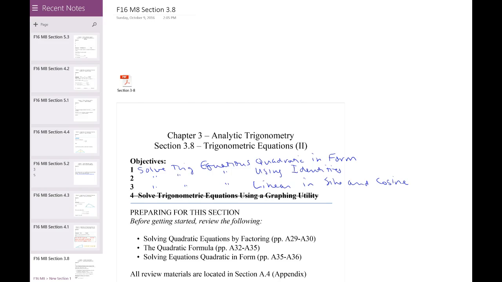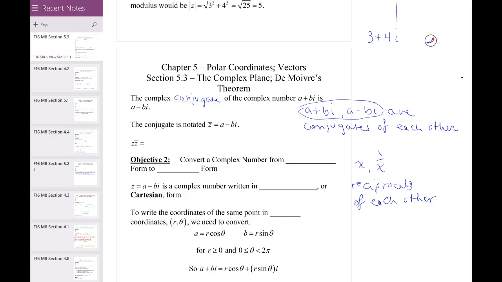So if we have the complex number z that's a plus bi, then we put a bar over the top, that's the symbolic notation for the conjugate, a minus bi. Then let's see what happens if we multiply z, which is a plus bi, by z bar, which is a minus bi.